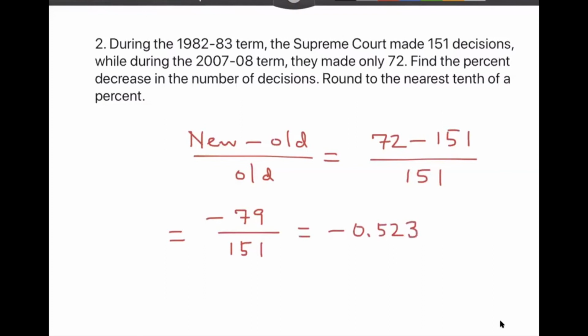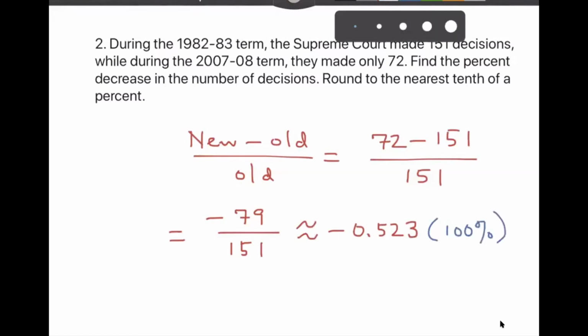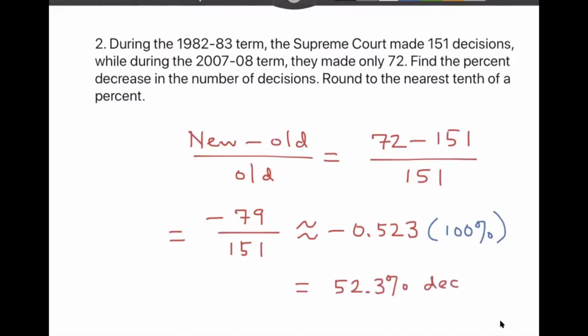Okay, so I think I will actually replace that with our wiggly equal sign. Again, we have to change that to a percentage. That is not currently written as a percentage. Okay, so that would be a 52.3% decrease. Notice I'm taking out the negative sign and just putting in the word decrease.